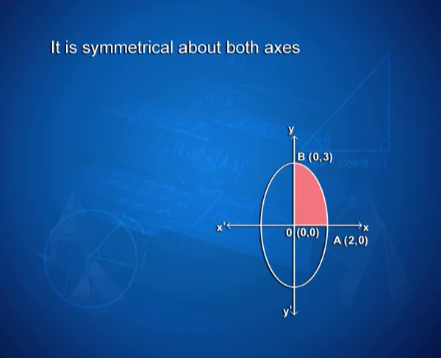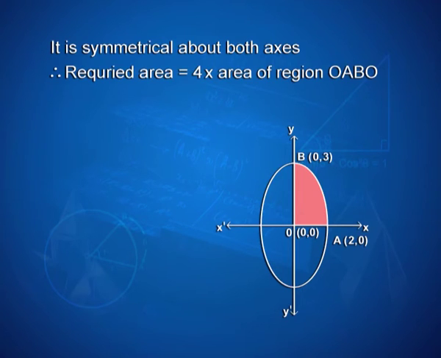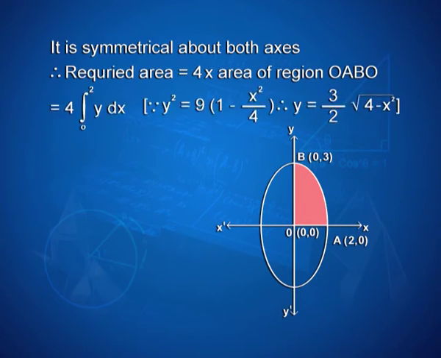It is symmetrical about both axes, therefore, required area is equal to 4 into area of region OABO, that is equal to 4 into integral 0 to 2 y dx, as y square is equal to 9 into 1 minus x square upon 4. Therefore, y is equal to 3 upon 2 into square root of 4 minus x square.